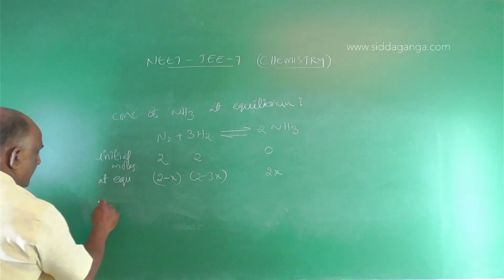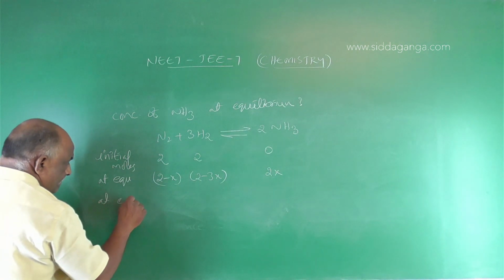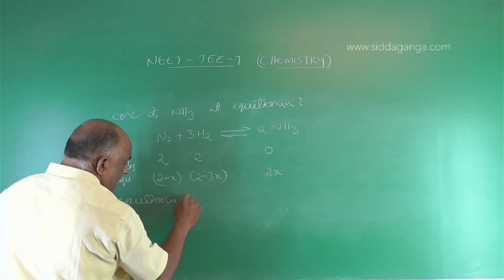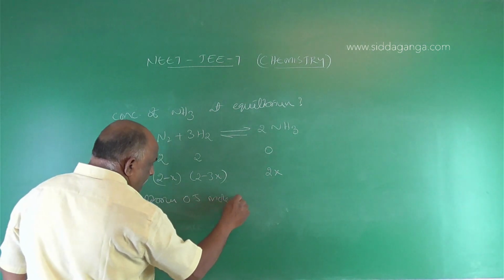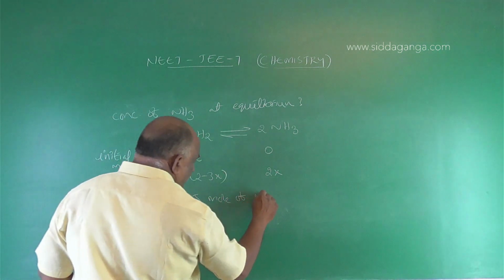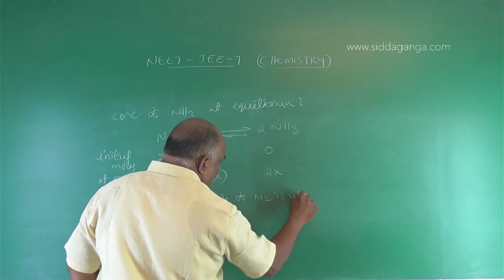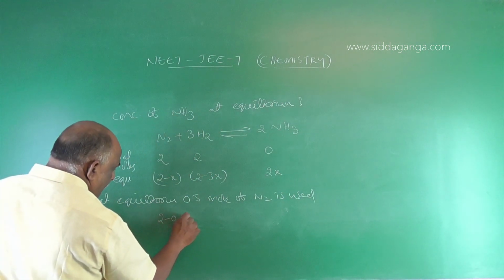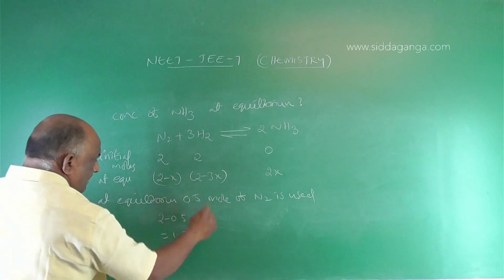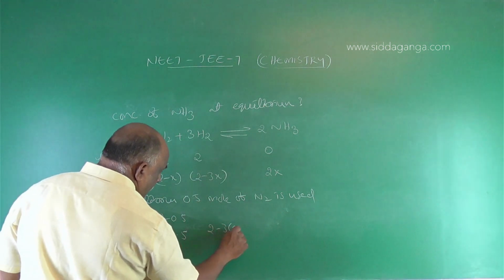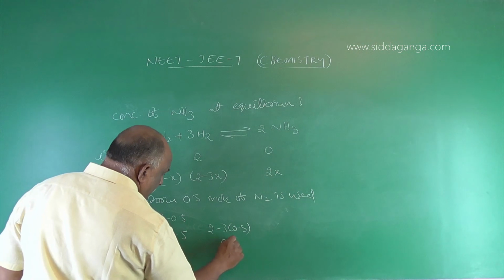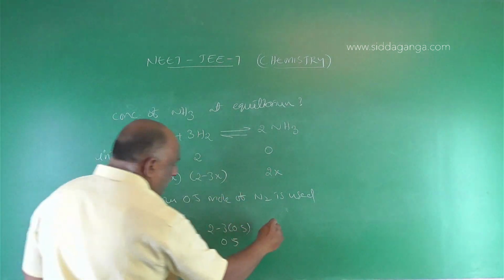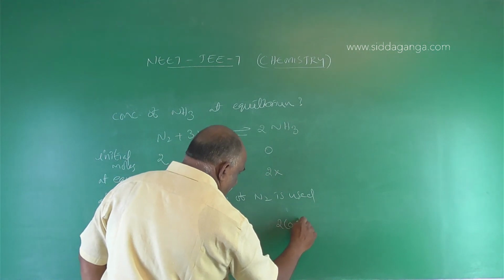So at equilibrium, 0.5 mole of N2 is used. So what is N2? 2 minus 0.5 is equal to 1.5. Here 2 minus 3 into 0.5 is equal to 0.5. Here 2 into 0.5 is equal to what? 1.